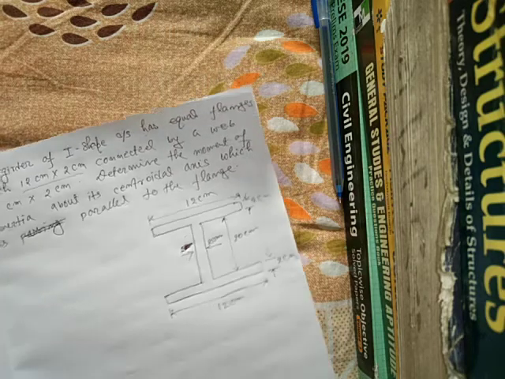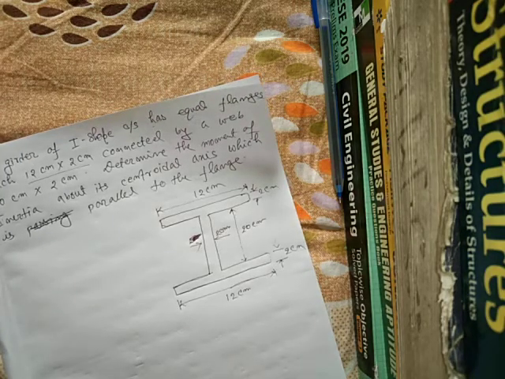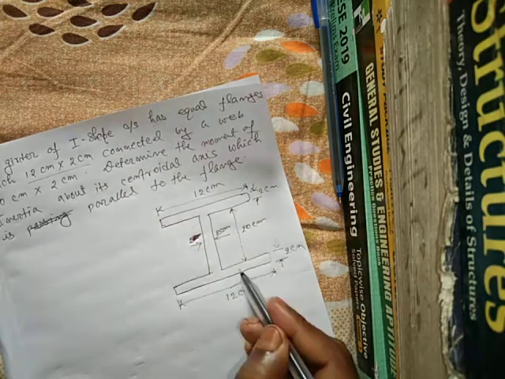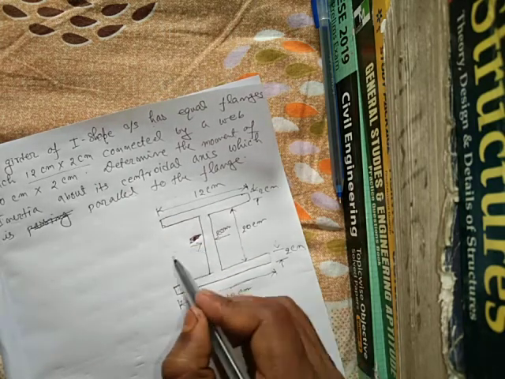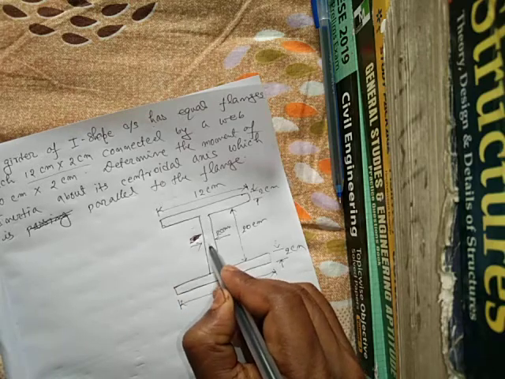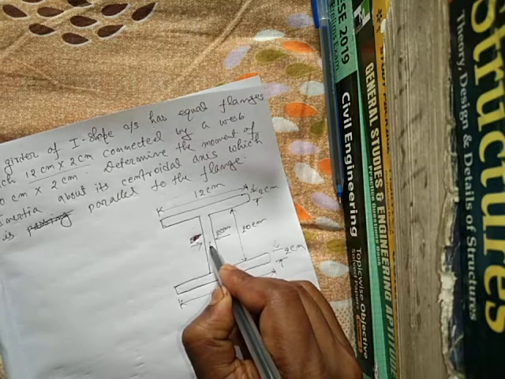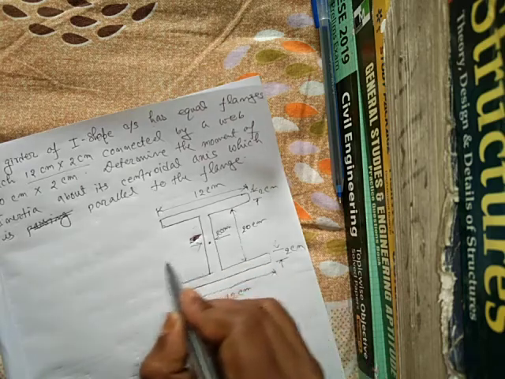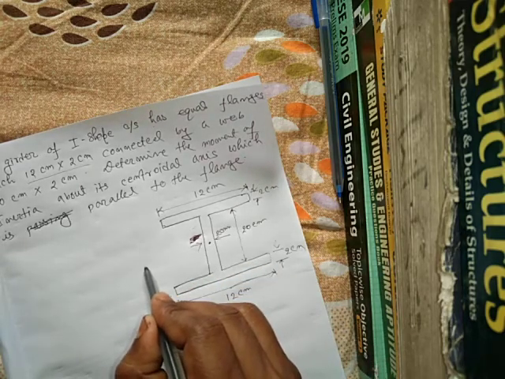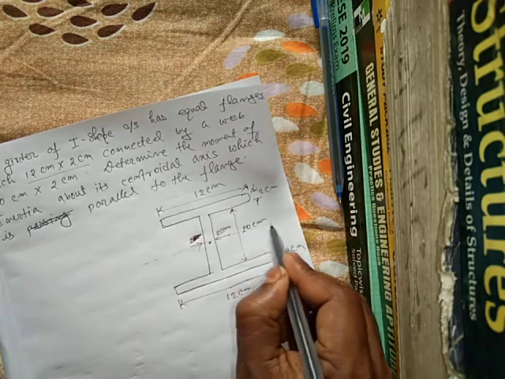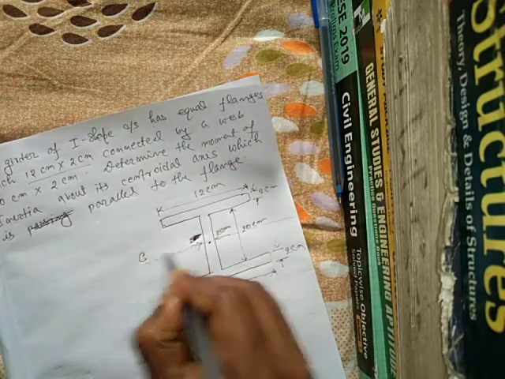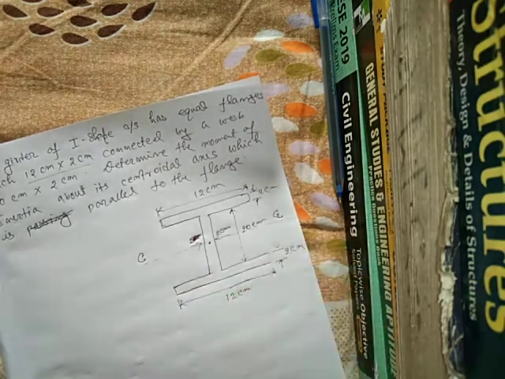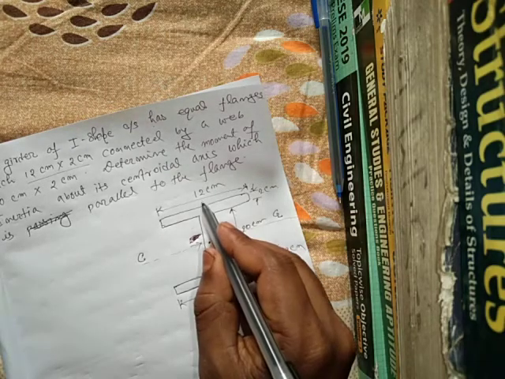Now calculate the moment of inertia about CG. This is a symmetrical section, so we can easily say the centroid will be the center of the section. This is the CG line passing through the centroid.